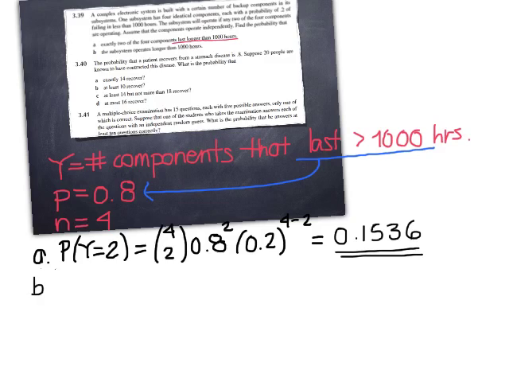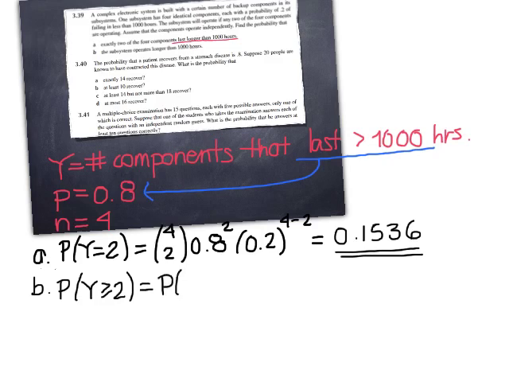Then let's do letter B. It says the subsystem operates longer than 1000 hours. So if you remember, the subsystems work if any 2 of the 4 components are operating. So actually we just need at least 2. So in the discrete case we need to sum these options.